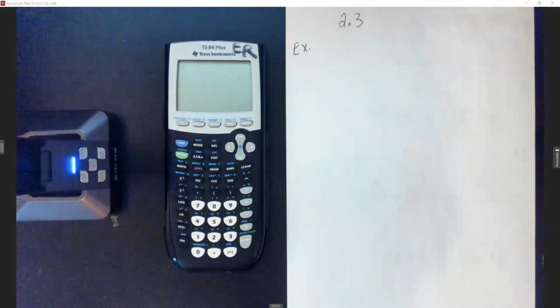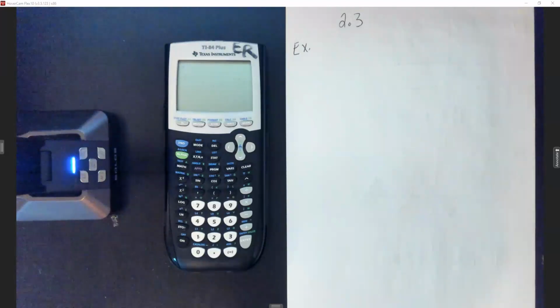And then what was it? Oh, 2.3. Nice, we're doing 2.3.